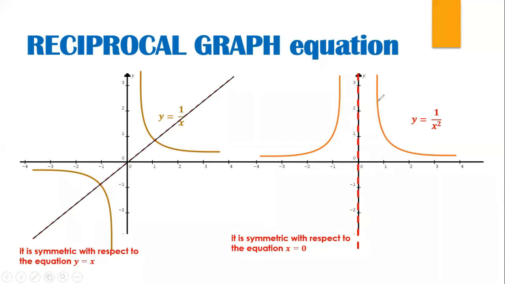That's a vertical line, right? The symmetric line is the line that separates two graphs to be equal. Is it clear to everyone? That's the symmetric line. Next, we go to the next topic.